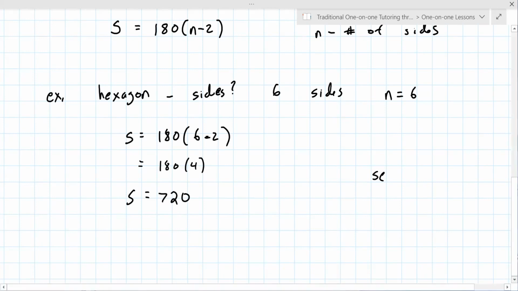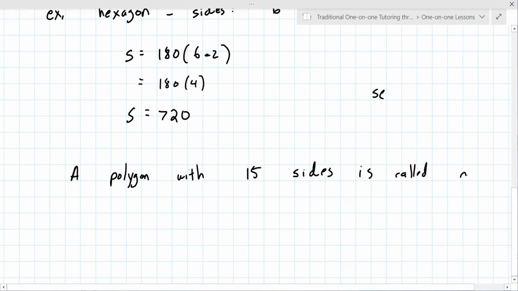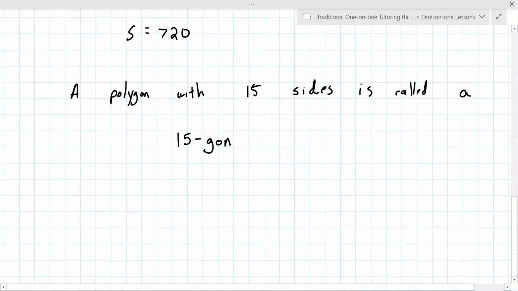Let's say it has 15 sides, what would you call that? It's called a 15-gon.